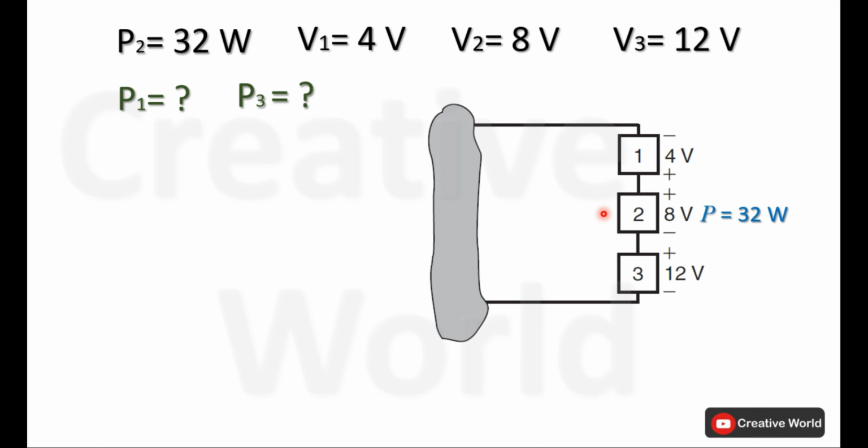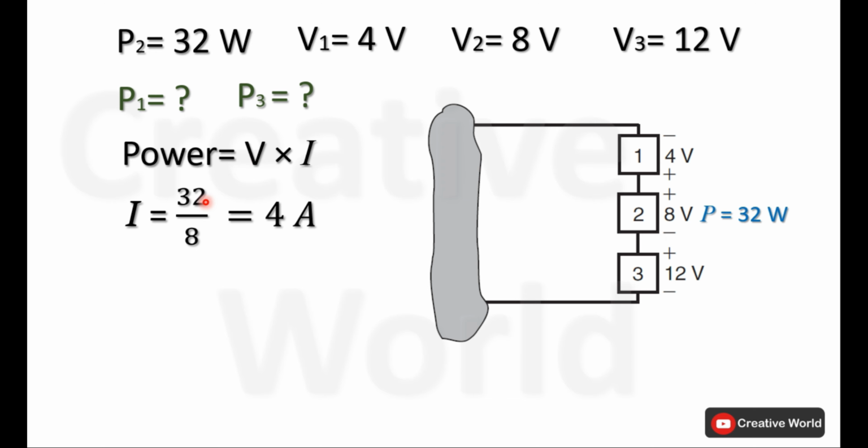From the given data of element 2, power and voltage, we can easily calculate current by using the power formula. Power is equal to voltage multiplied by current, and rearranging the equation and entering the values of element 2, power is 32 watt and voltage across element 2 is 8 volt, so the current will be 4 ampere.